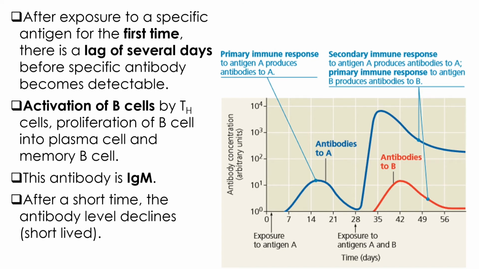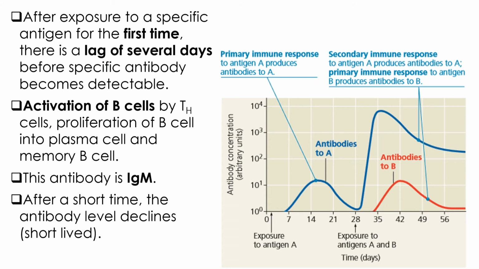Once activated, the B cell can now proliferate and differentiate into plasma cell and memory B cell. Plasma cell will produce the antibody against antigen A. It is because of the need for activation that the primary immune response has a slower response time.